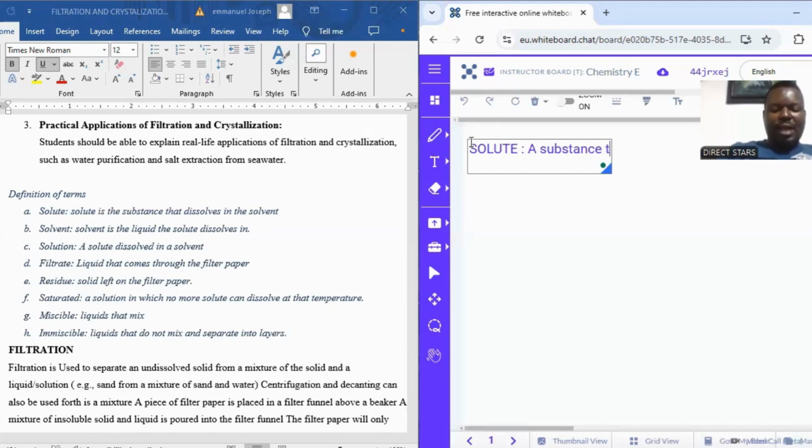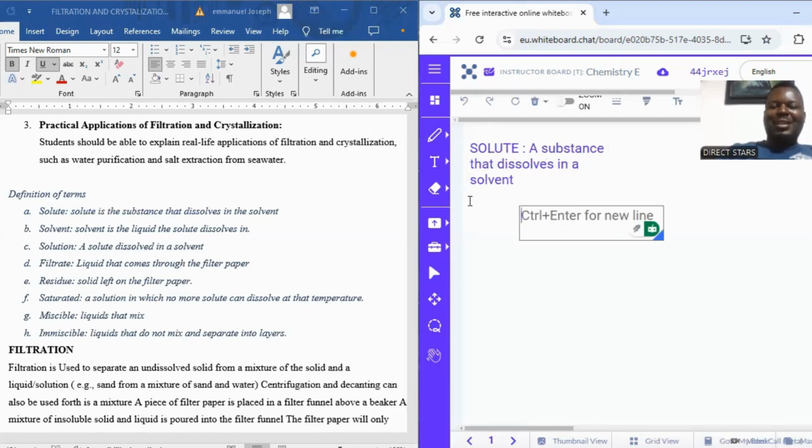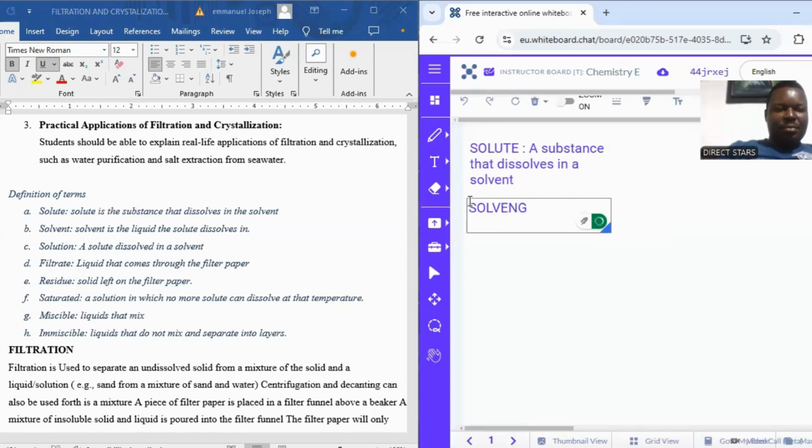It's a substance that dissolves in a solvent. And of course, the solvent, on the other hand, is a liquid the solute dissolves in. So that is what a solvent is.